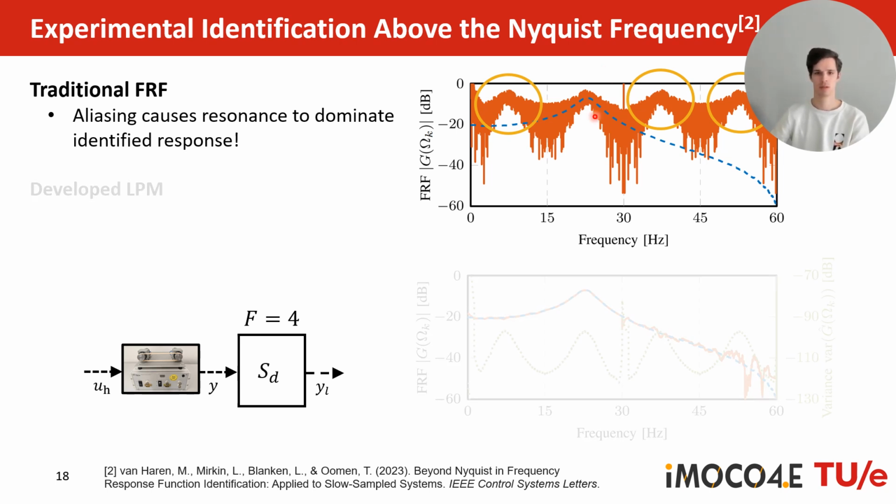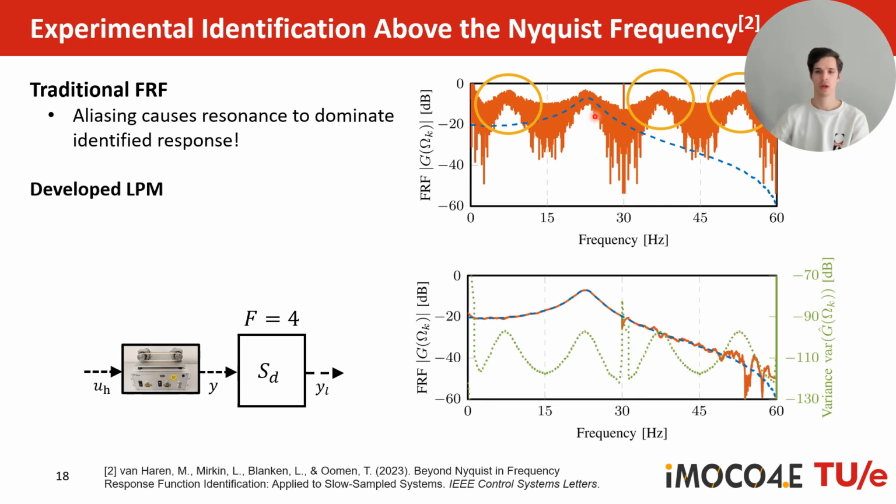If you now apply the developed approach, you can clearly see that the orange line, the estimated frequency response function, is quite close to the real response of the system. And you can clearly see that the estimate is superior with respect to the traditional FRF, especially considering that the resonance is identified clearly and also some higher frequent parts over here.